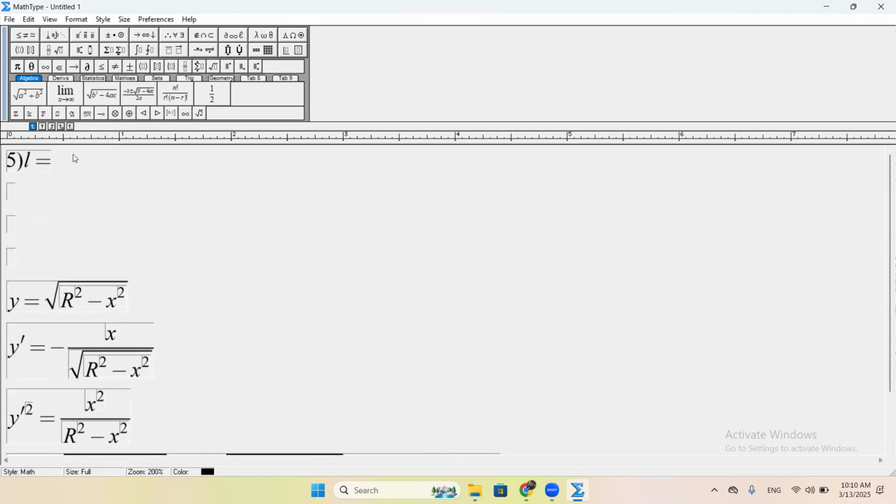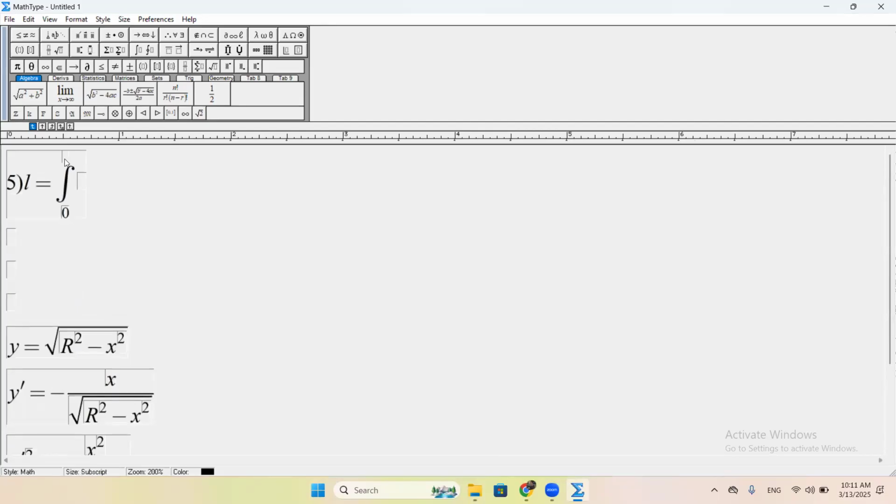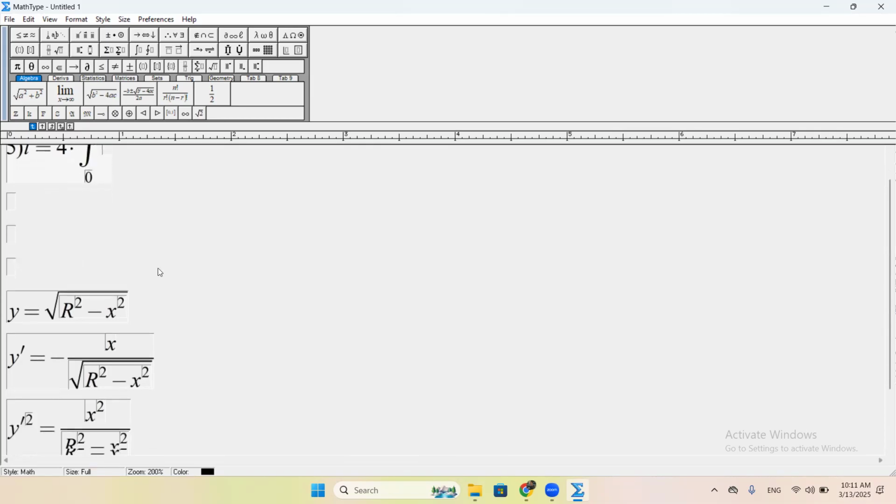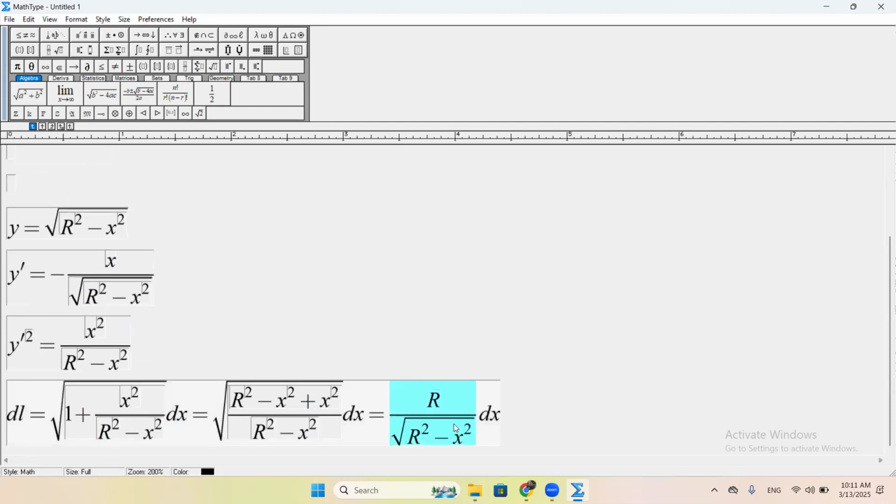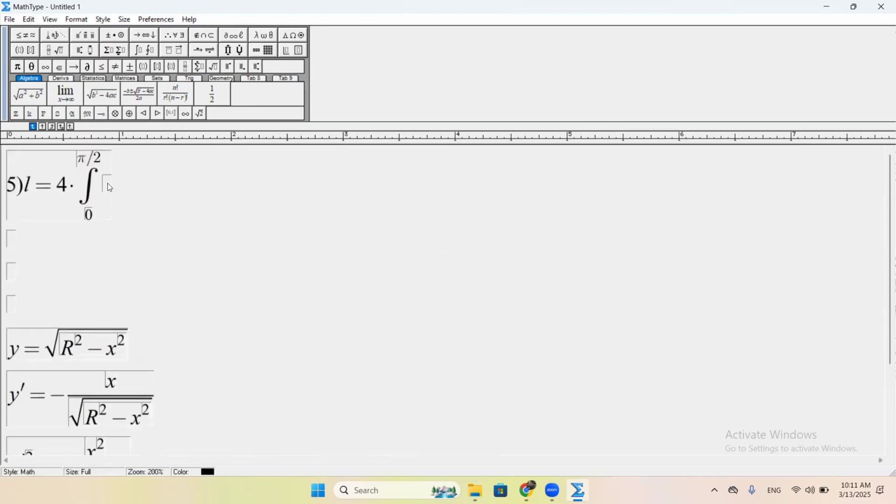Okay, so now let's integrate it. It will be enough to integrate from 0 to r, and then we will just multiply by 4. So what do we actually have?